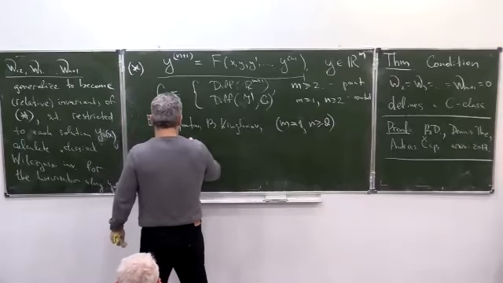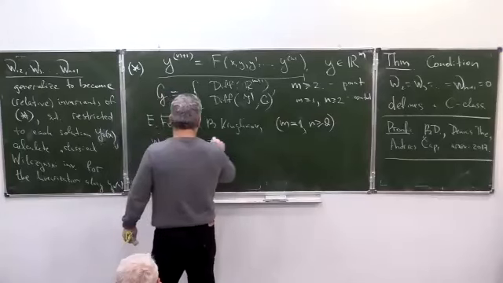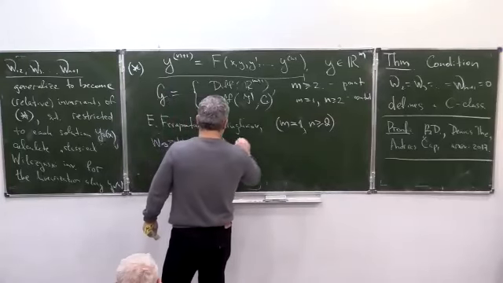So we have to start with W3, W4, etc. Wn plus 1 equal to 0.